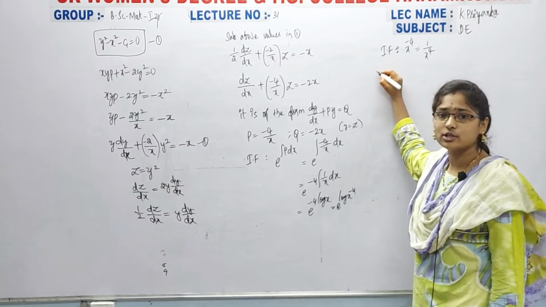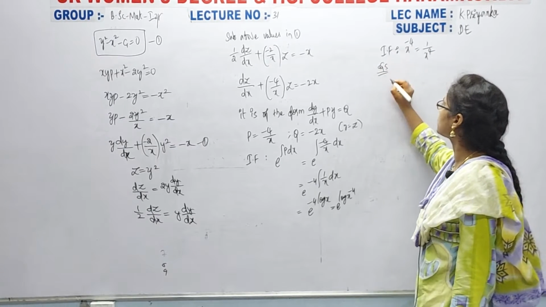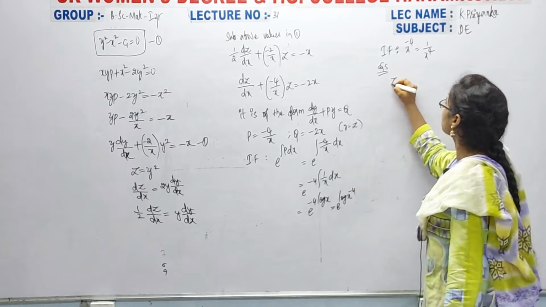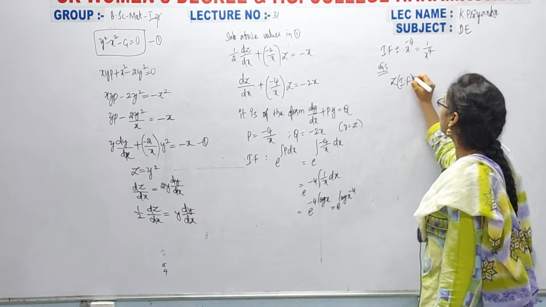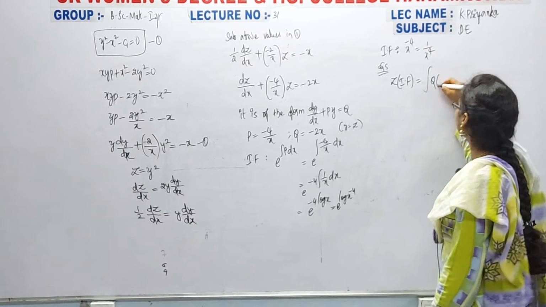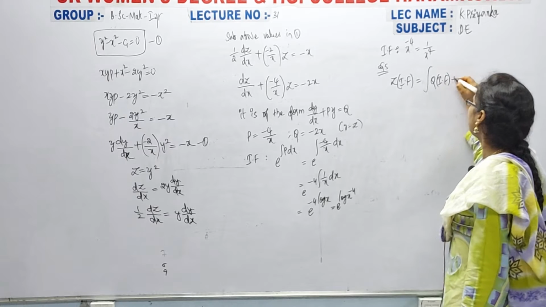Now what is the general solution? The general solution is y into integrating factor, y meaning z. So z into integrating factor equal to integration of Q into integrating factor, plus c.